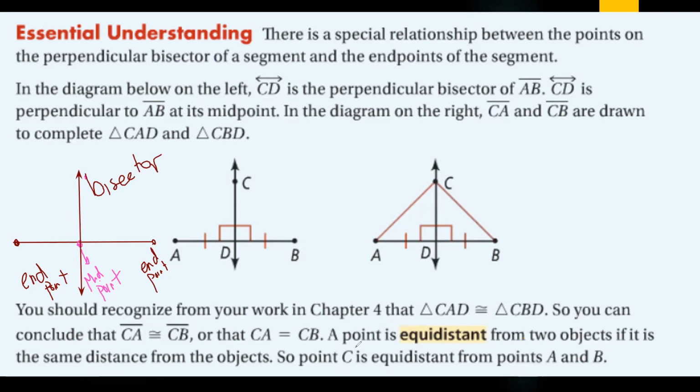Now here we have this ray, which we name CD. This ray CD is the perpendicular bisector of AB.